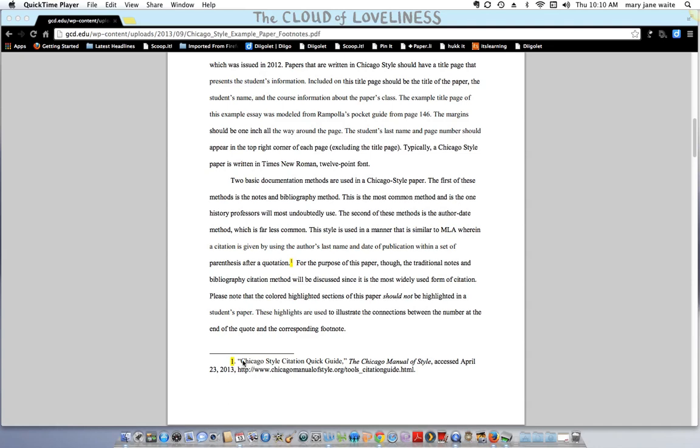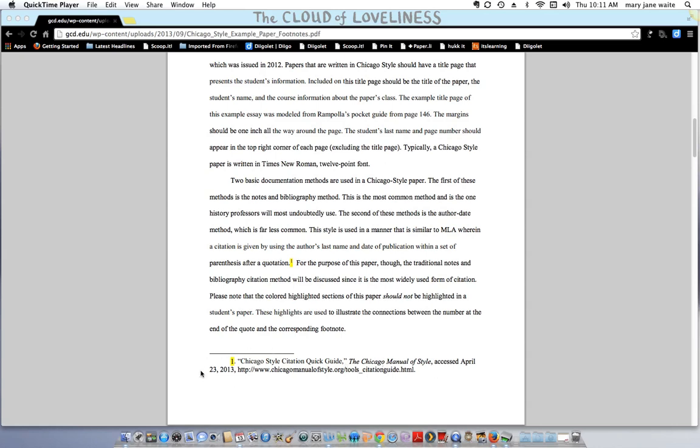And if you look at the full information, it is a full citation of where the information came from. Normally in other styles you would find that full citation at the end of the paper. And that's what's different about the Chicago use of footnotes. It is at the foot of the same page where you are citing a source.